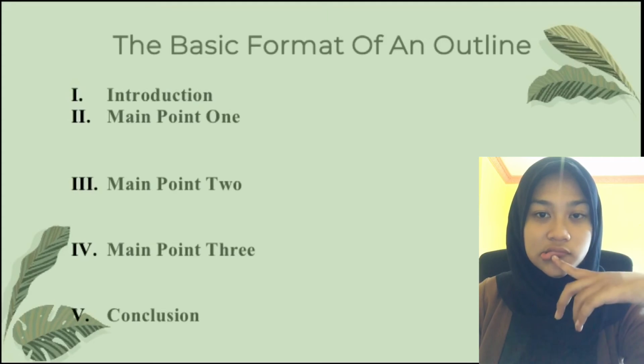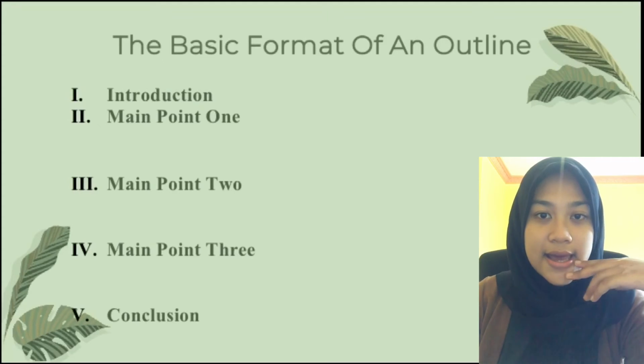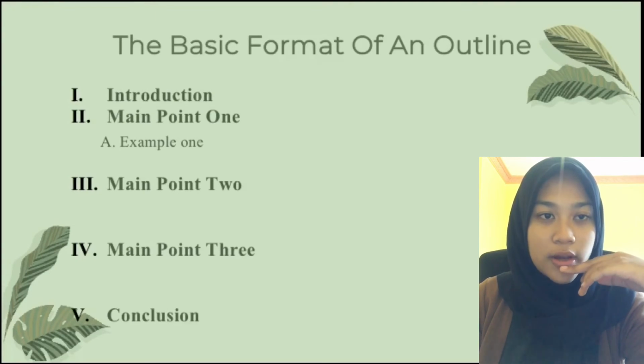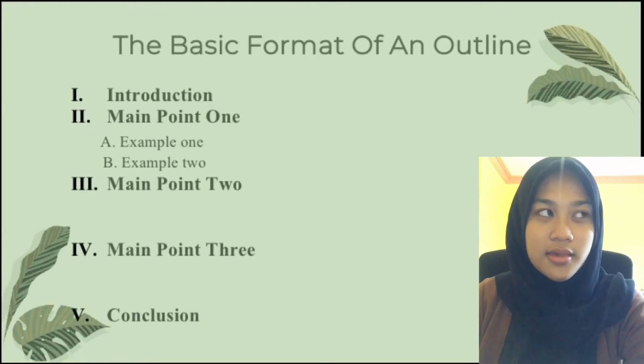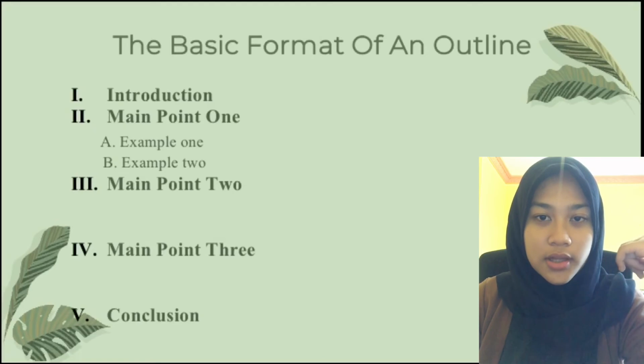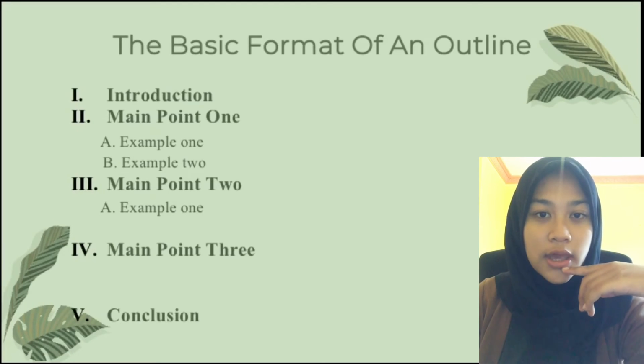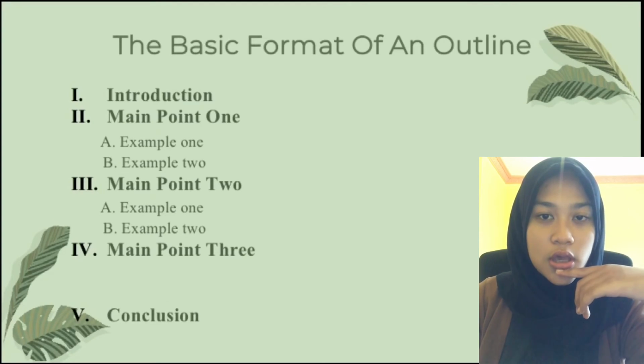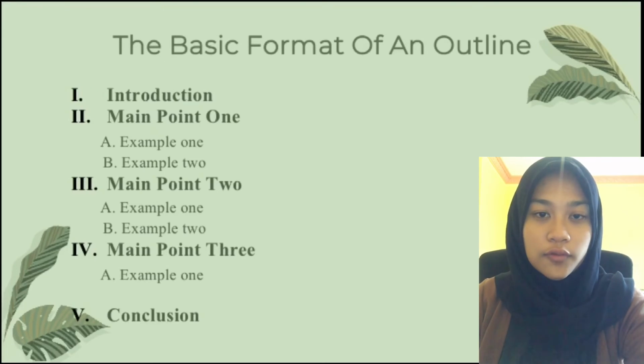You want it to be more detailed than this, so under main point 1, I have example 1, I have example 2. I'm going to go back in and fill in my examples in the outline, and again you could have 2 examples, you could have 3 examples, however it works for you in your essay.